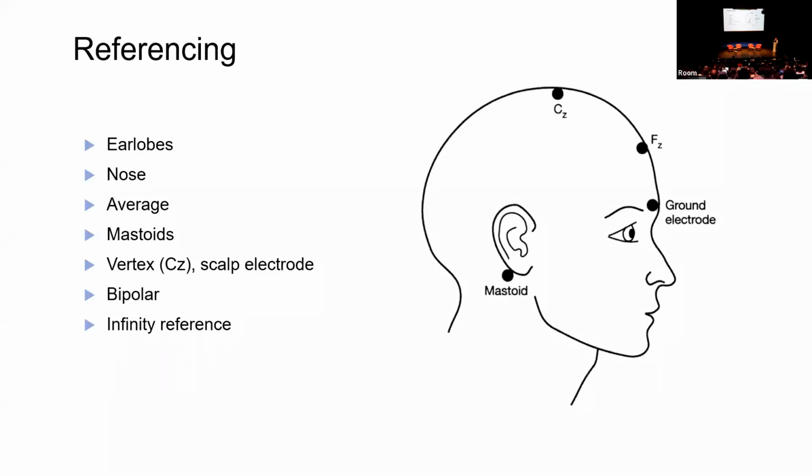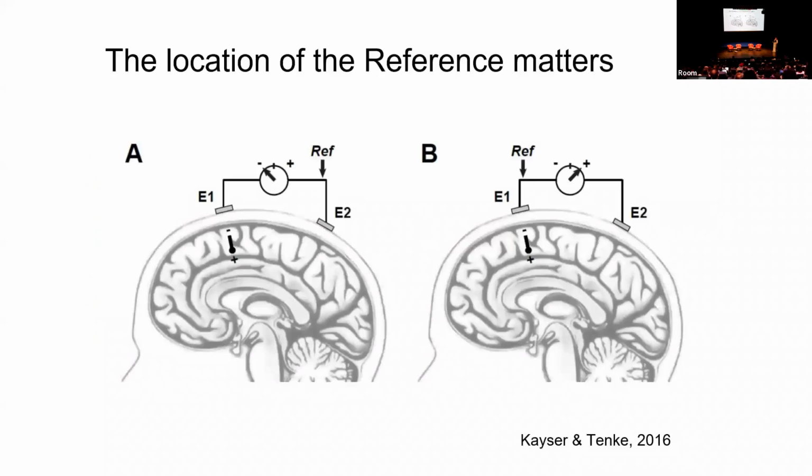But we should remember that the location of the reference matters. If you, for example, have your recording electrode here and the reference here, then the potential that you record will be negative, and if it's the other way around, it will be positive, because you are measuring the difference between those two electrodes.